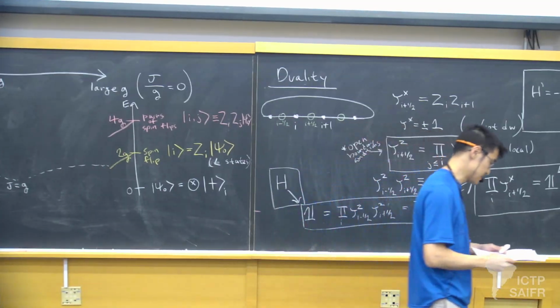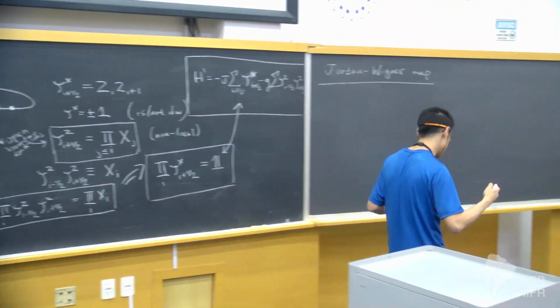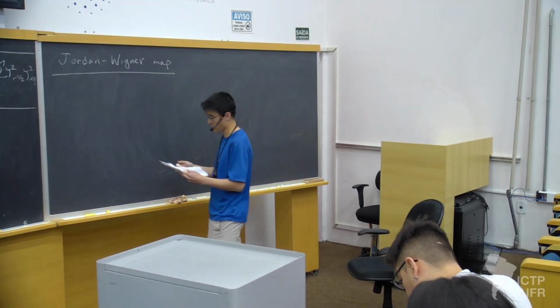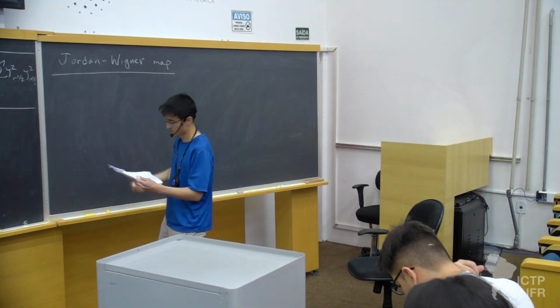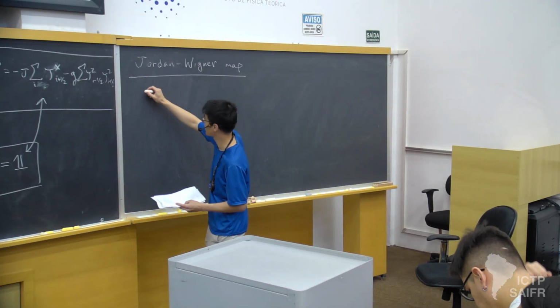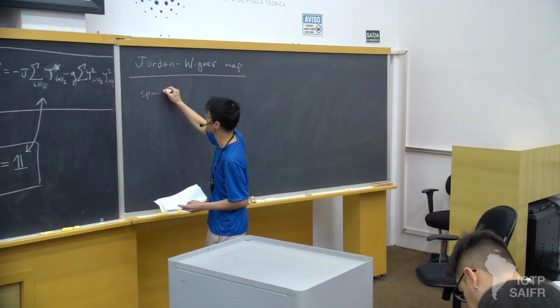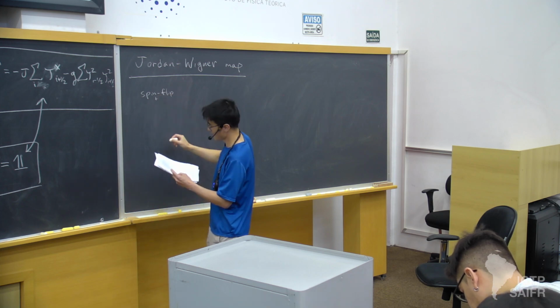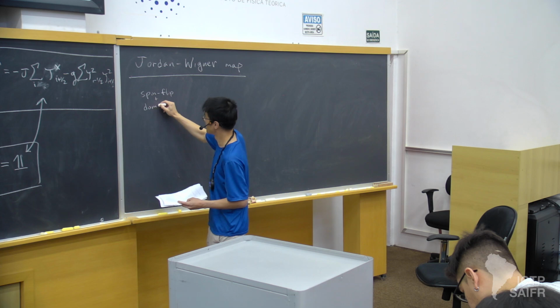To solve the model completely, we want to describe both at the same time, and that motivates one to consider a composite variable that's a combination of spin flip and domain wall creation.